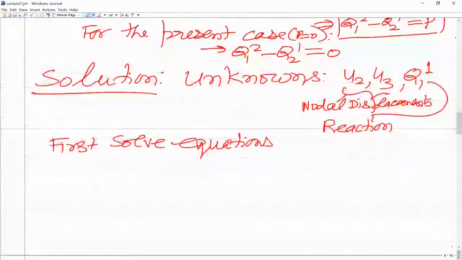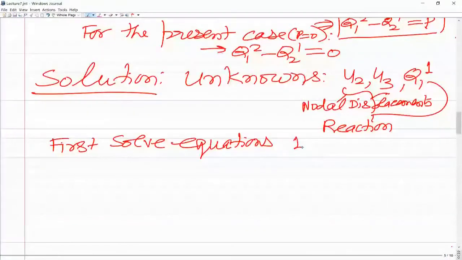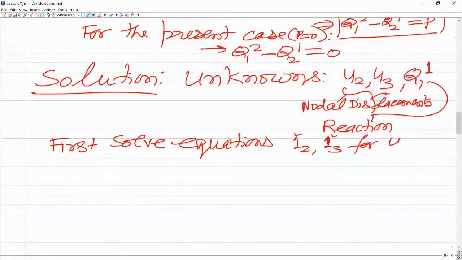So first solve equations 1 2 and 1 3 for u2 and u3. That's the first thing.